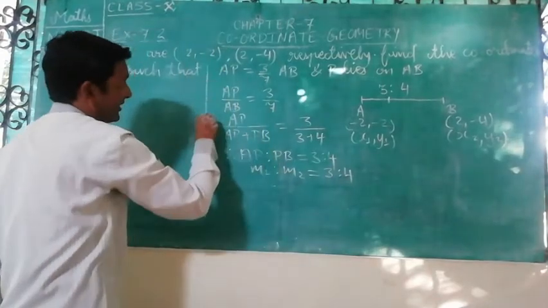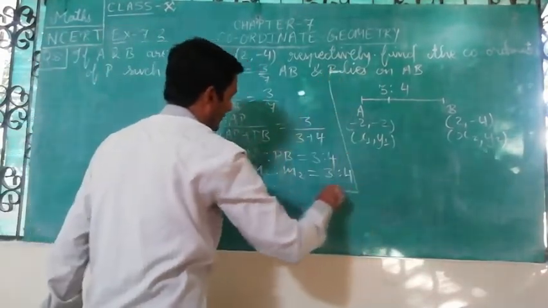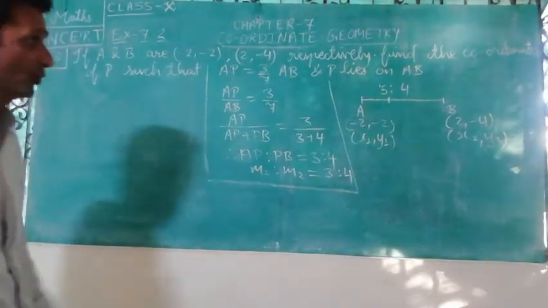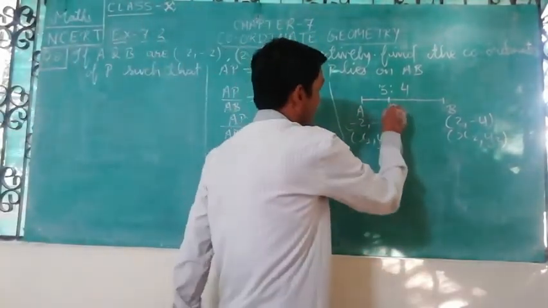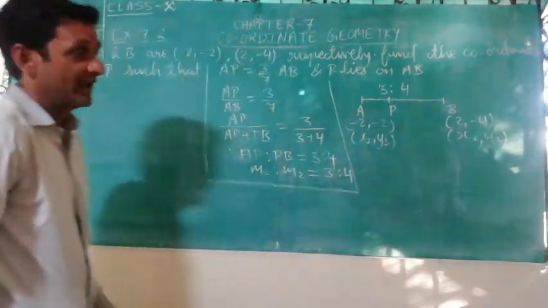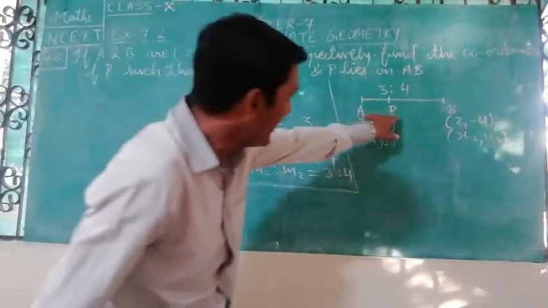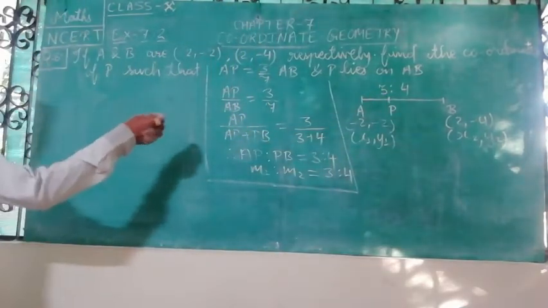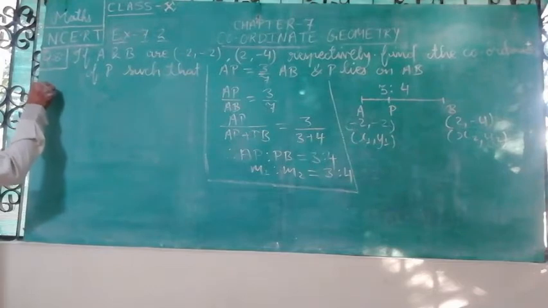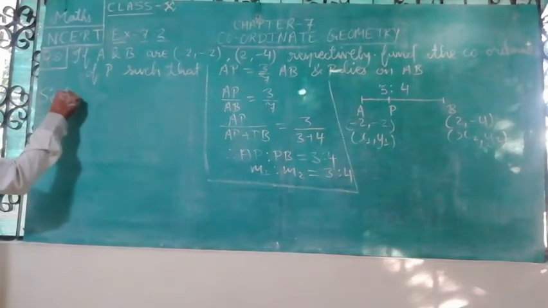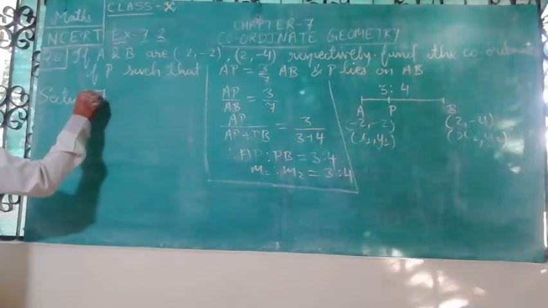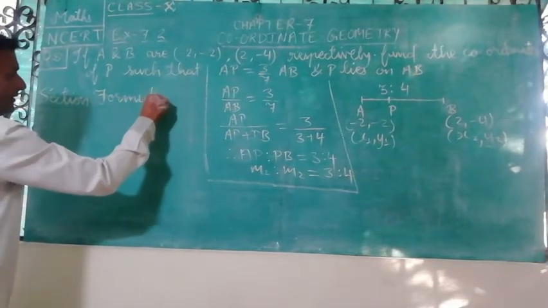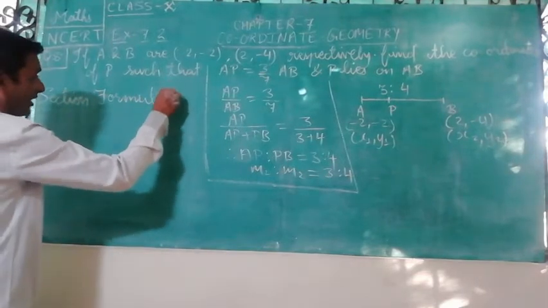This is the given condition according to which we have found the ratio of m1 and m2, means in which P is dividing AB. AB is divided by P in ratio 3 ratio 4 here. So now let us see what we can do. Internal section formula.